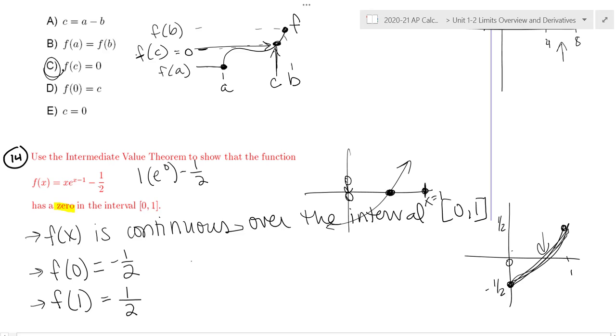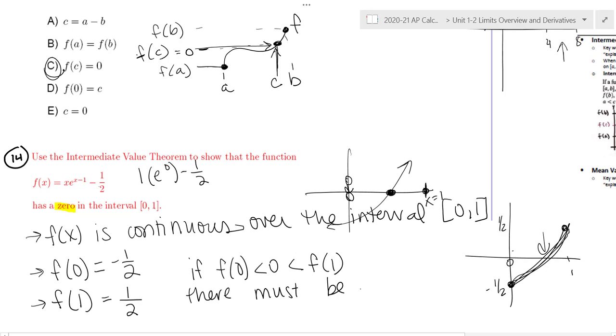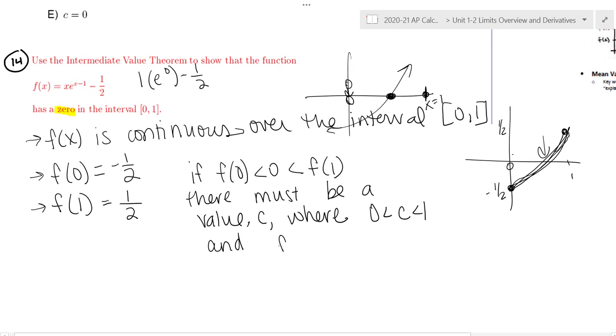I'm going to say if f of 0 is less than 0 and f of 1 is greater than 0, there must be a value c where c is between 0 and 1 and f of c equals 0.